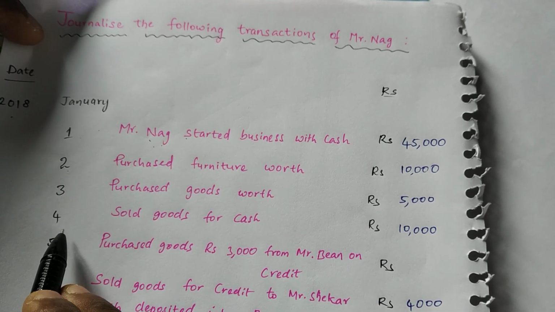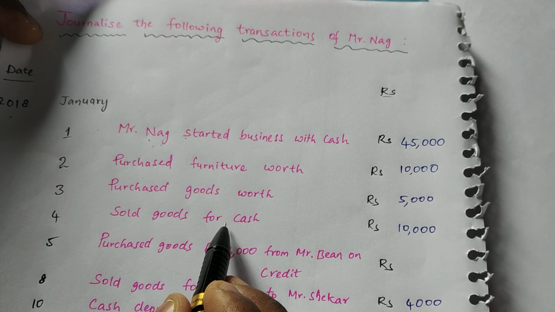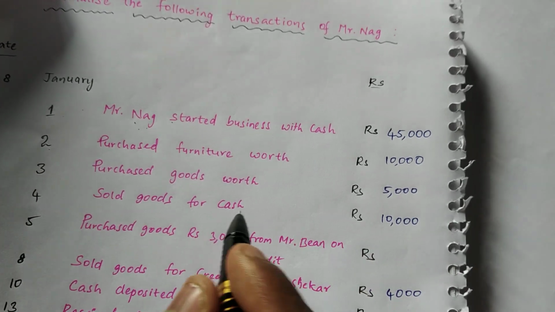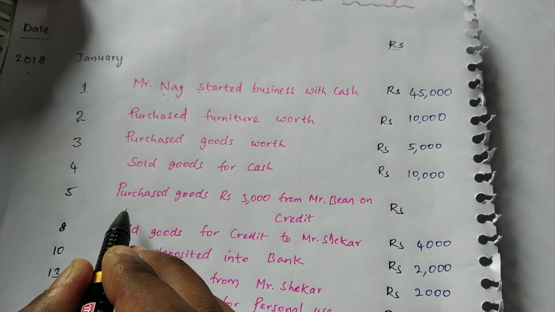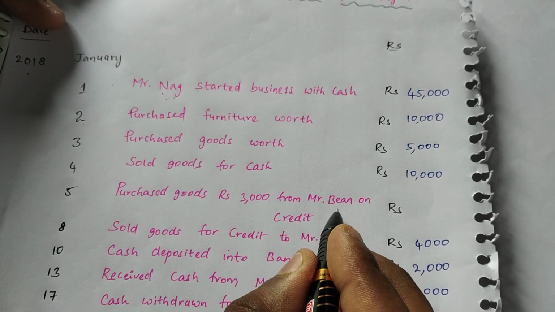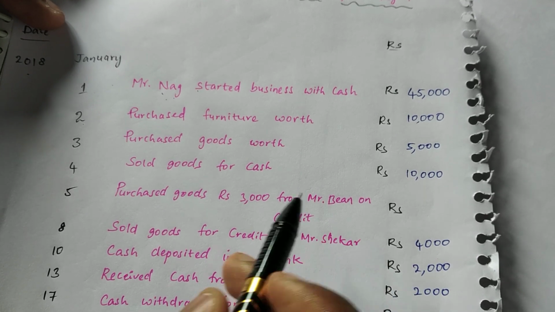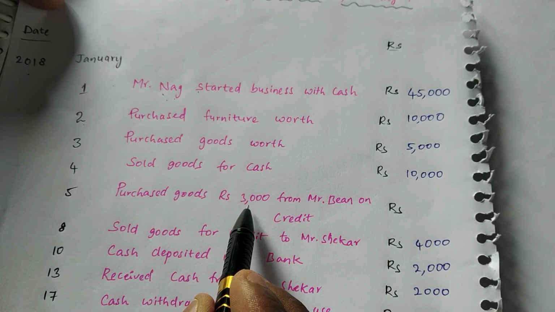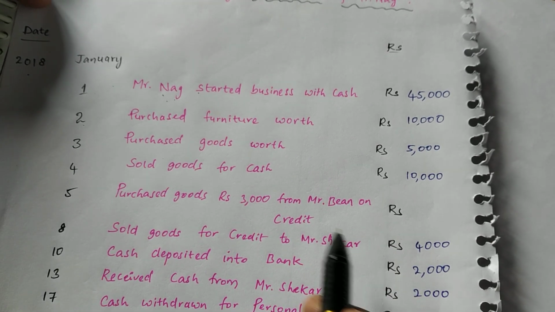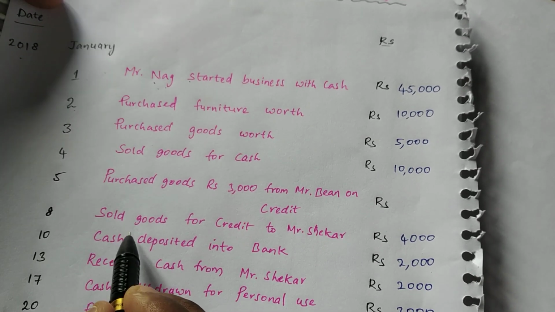On January 4th, sold goods for cash, rupees 10,000. Then on January 5, purchased goods rupees 3,000 from Mr. Bean on credit.